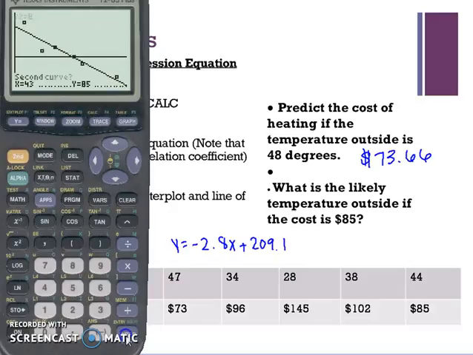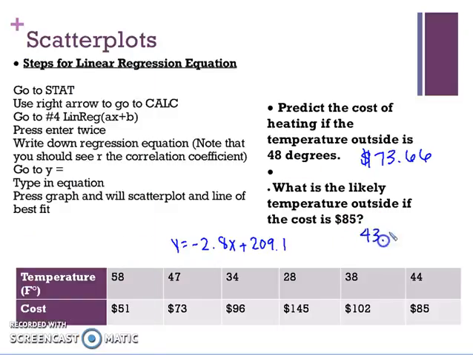All you do is say enter, enter, enter. So my intersection is at 43.98 and 85. So the degrees is 43.98 or 44. So at 44 degrees is what it's going to be for the price to be 85.